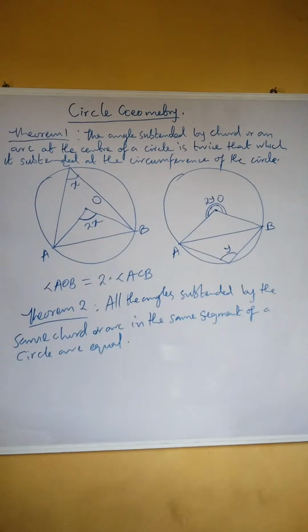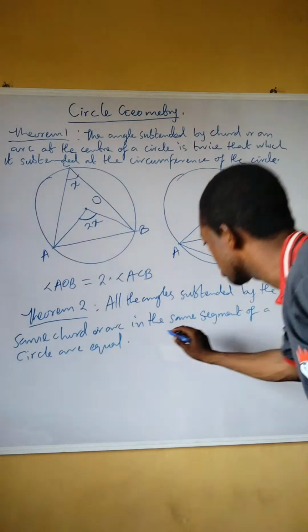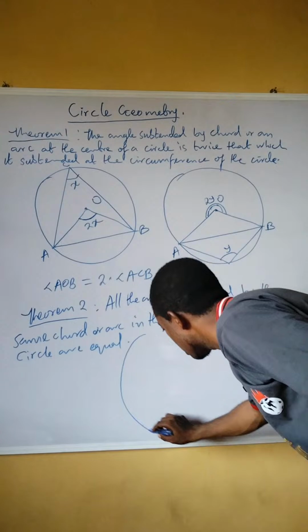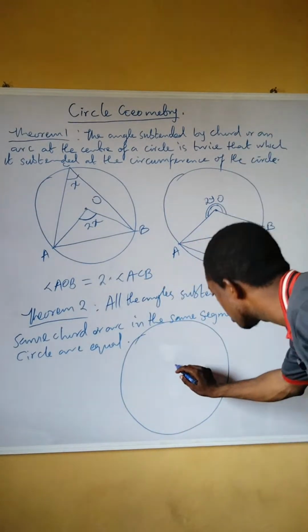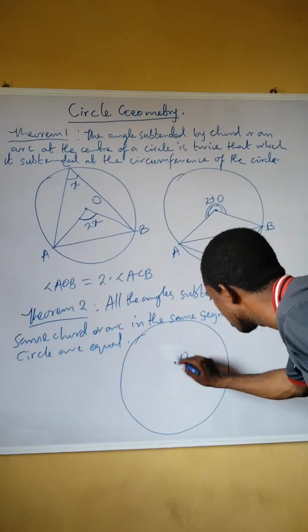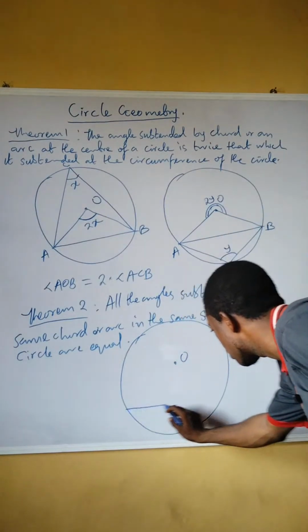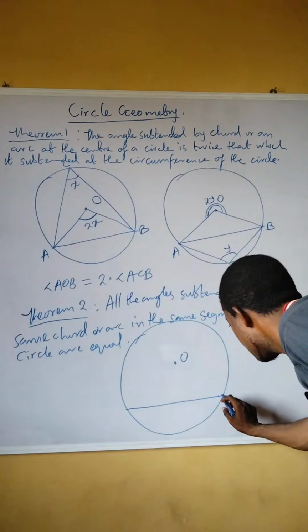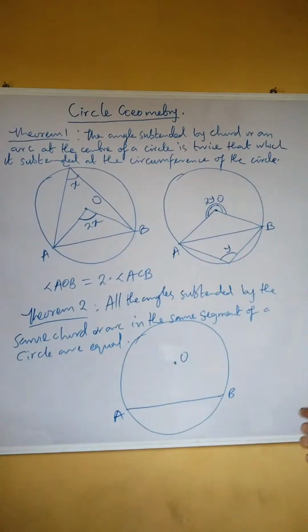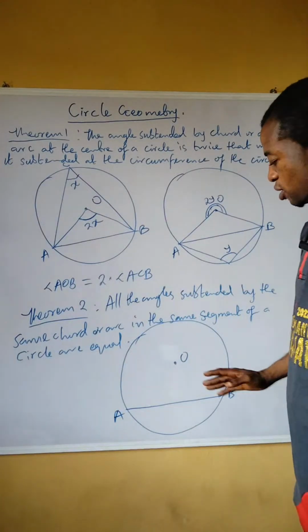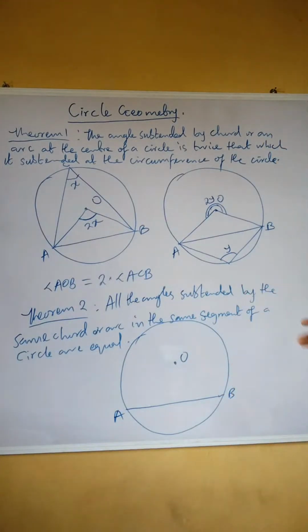Now let's consider the diagram. Looking at a circle here, let's say this circle has a center O. Now we consider a chord, the angle subtended by this chord in a segment of this circle.